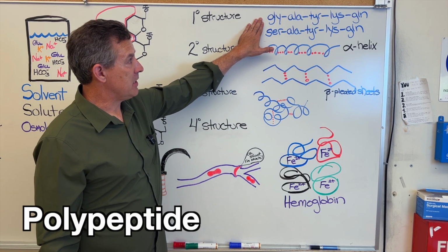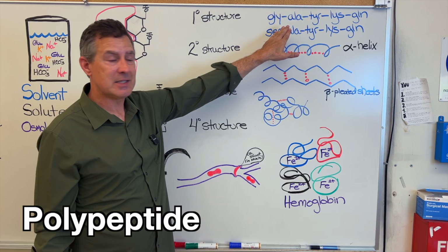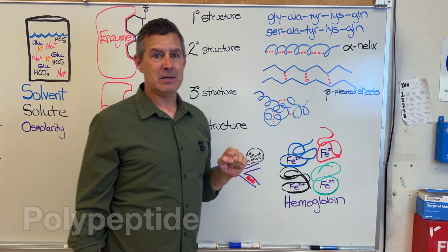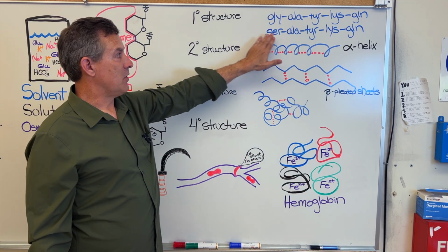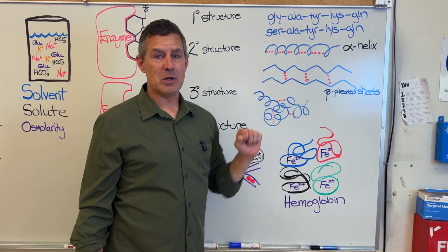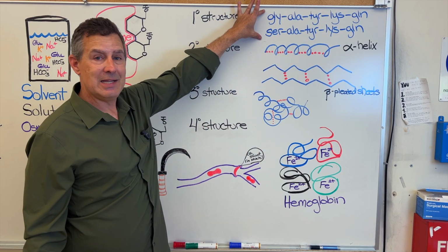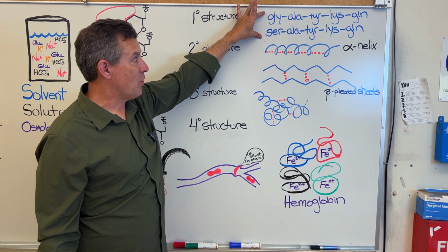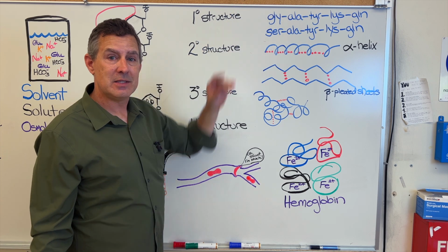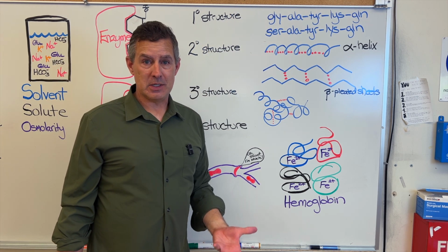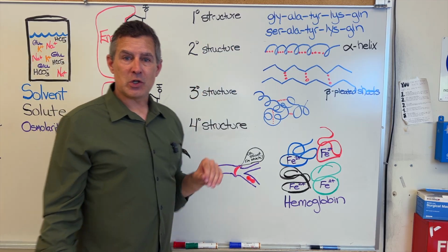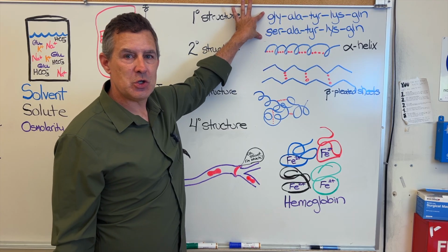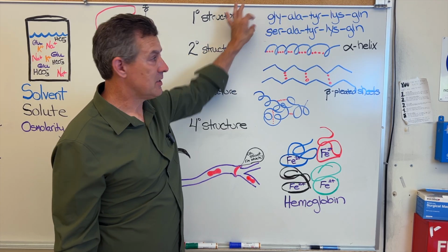This is a polypeptide chain made up of 5 amino acids: glycine, alanine, tyrosine, lysine, and glutamine. And here's another one: serine, alanine, tyrosine, lysine, and glutamine. The only difference is the glycine and the serine. And the fact that only these 2 amino acids are different is going to make a very different protein. So once again, the primary structure of proteins is the amino acid sequence. These are just 2 examples of amino acid sequences.